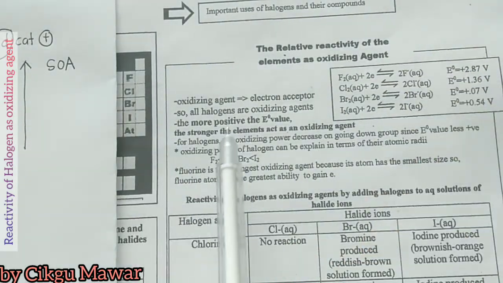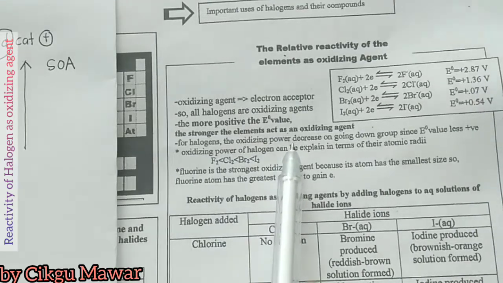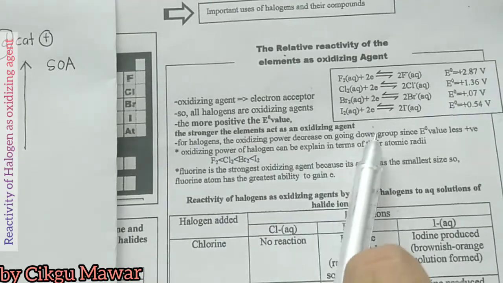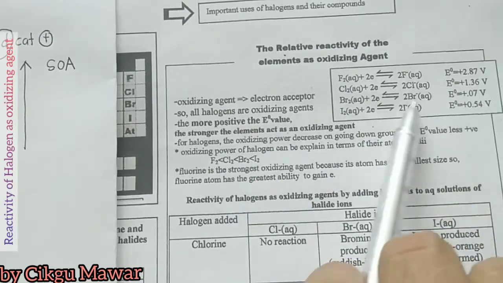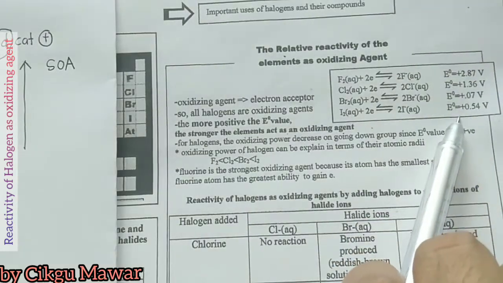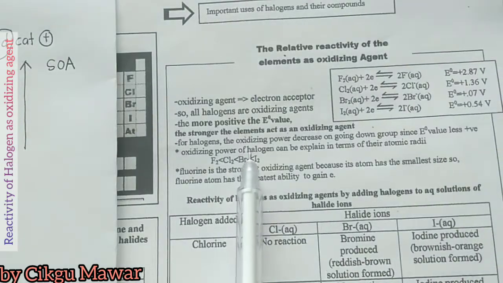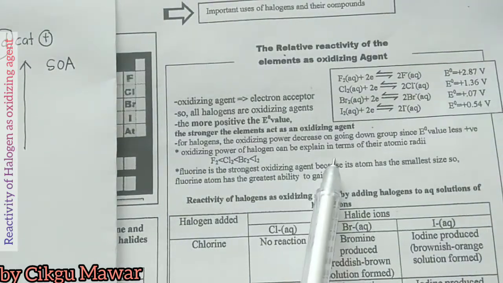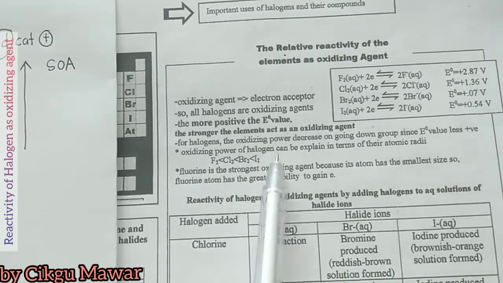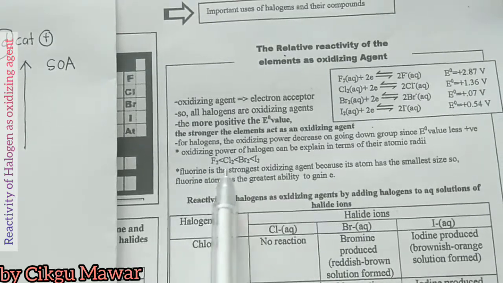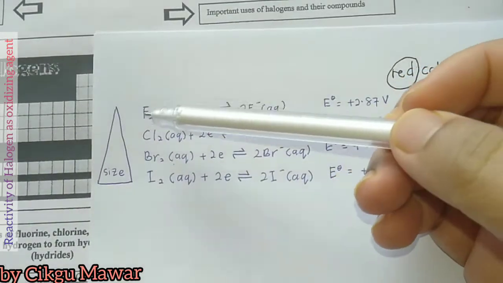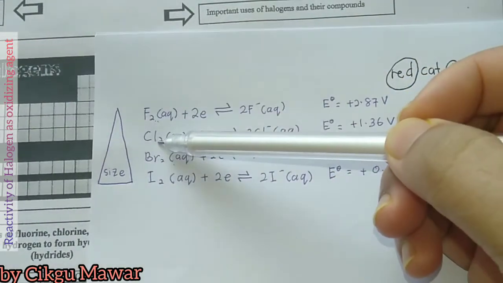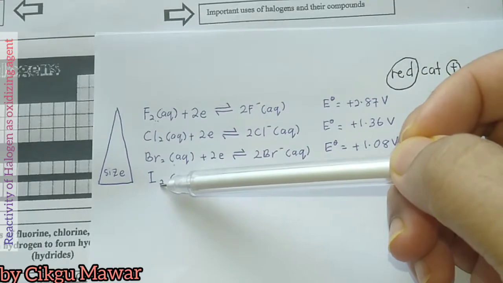For halogens, the oxidizing power decreases on going down the group, since the E naught value is less positive going down the group. The oxidizing power of halogens can be explained in terms of their atomic radii. Fluorine is smaller than chlorine, smaller than bromine and smaller than iodine.